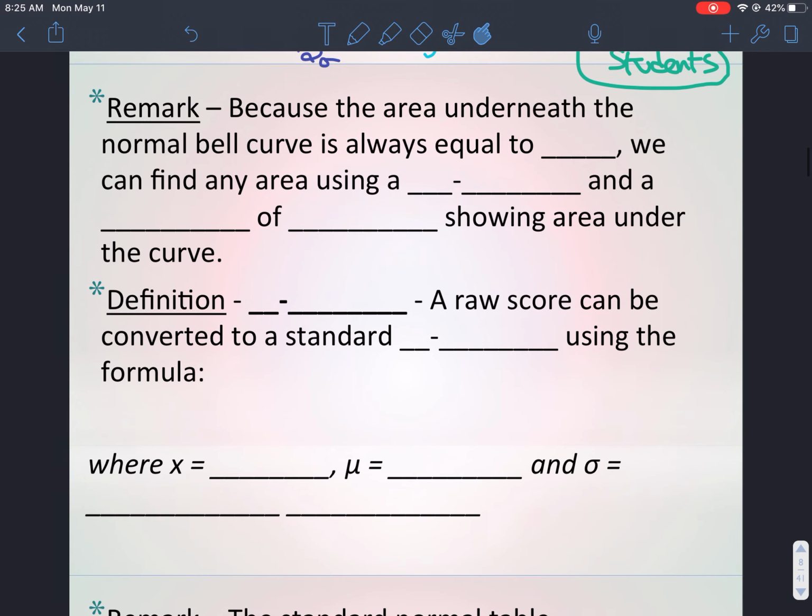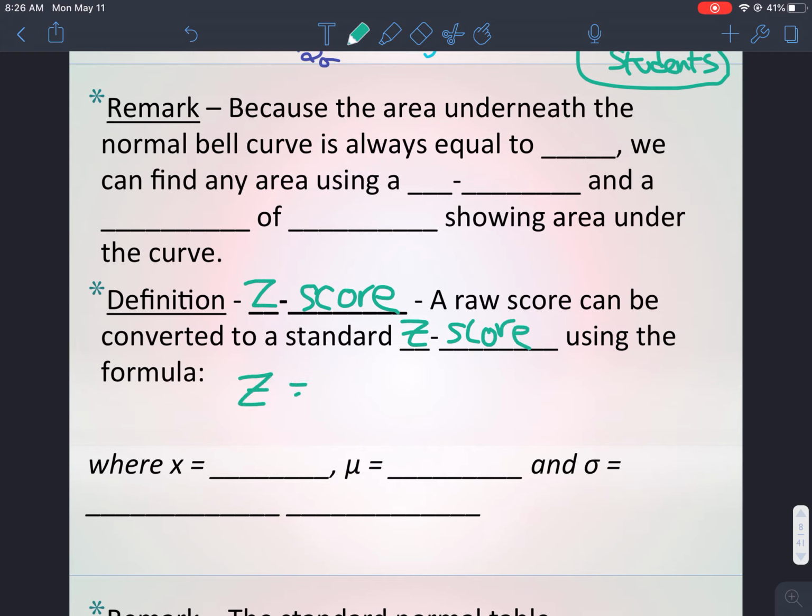And so a z-score is a raw score which is converted to standard z-score using a formula.